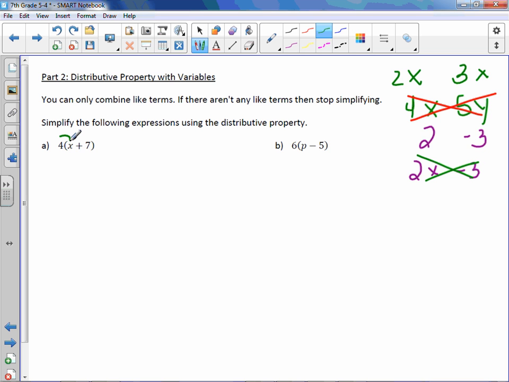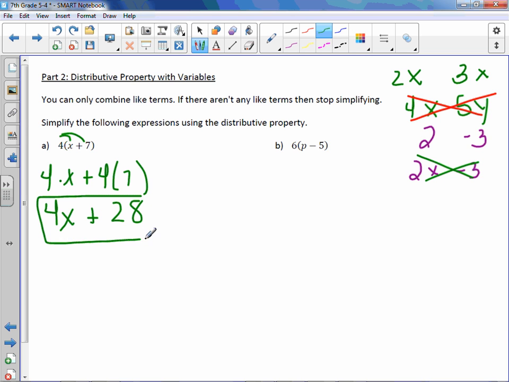We are going to use the distributive property. 4 times x plus 4 times 7. Well, 4 times x is just 4x, because we don't know what x is, plus 4 times 7 is 28. We cannot add them together because one has an x, the other one doesn't, therefore not like terms.